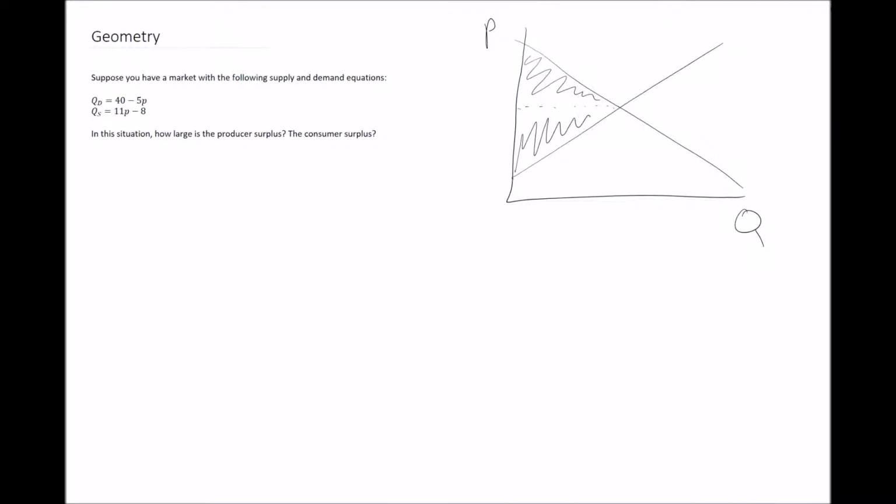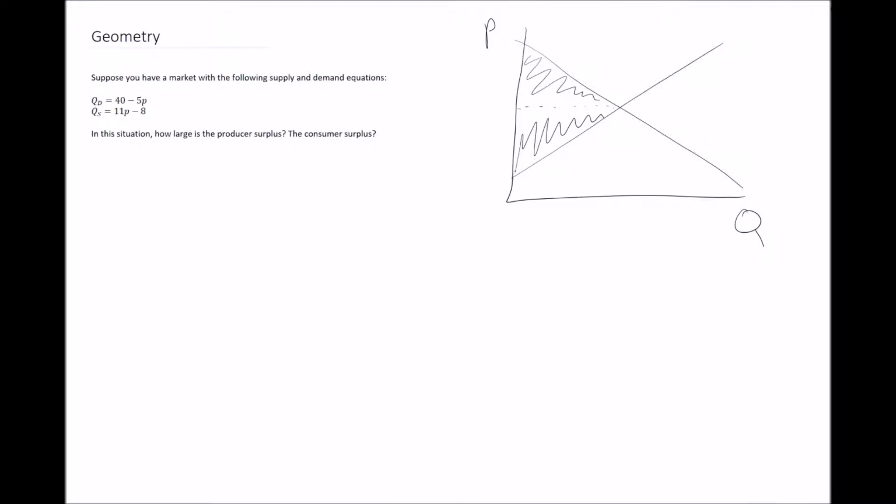We typically are going to want to graph these with price on the y-axis and quantity on the x-axis, at least to make it easy for us to see where the producer and the consumer surplus are. We'll end up with something that looks like this. And up here we have the consumer surplus, and down here we have the producer surplus, two triangles whose areas we might be interested in.